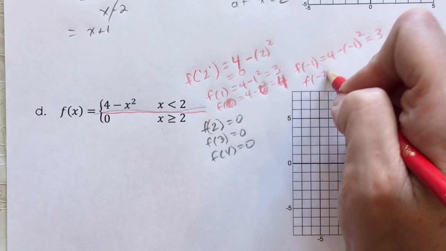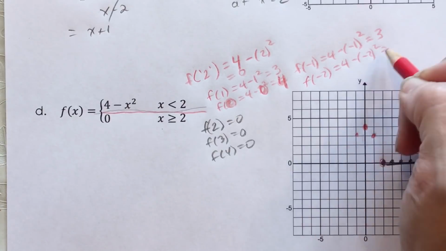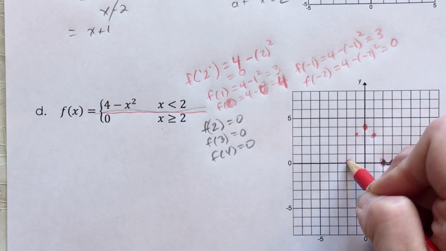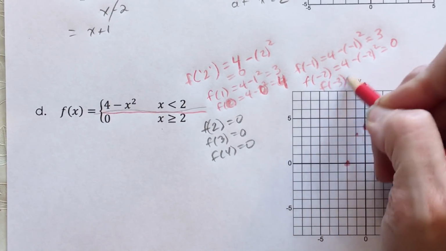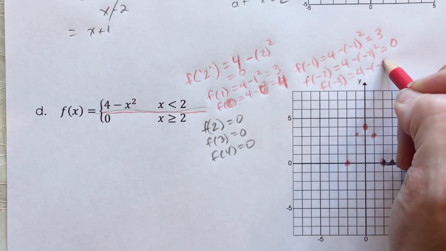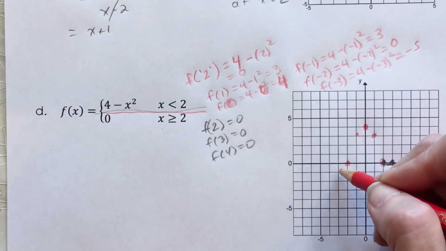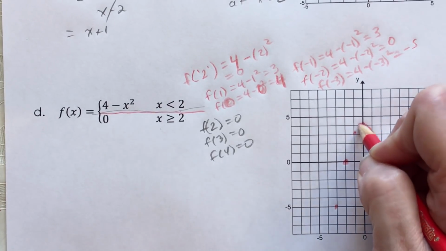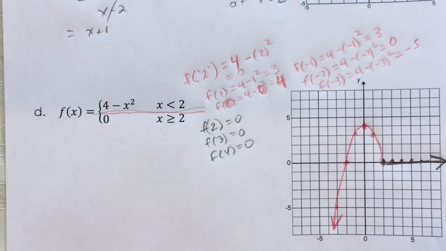F at negative 2, 4 minus negative 2 squared, so that's 0 again. F at negative 3, 4 minus negative 3 squared, should be negative 5. And we can draw in the second part of our piecewise function.